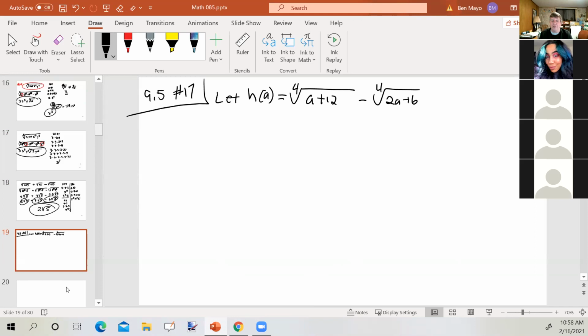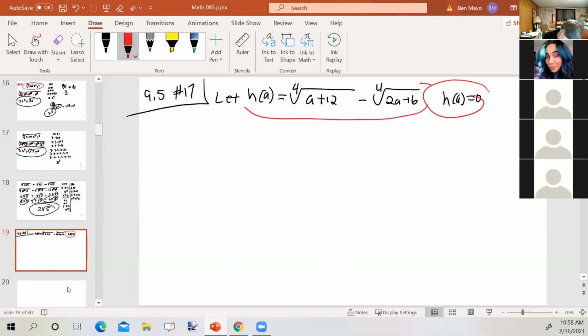Find all values of a for which h of a equals 0. Now, they're not asking us to find h of 0. They're saying what values of a make h of a 0. So we're going to take this and substitute it right there.